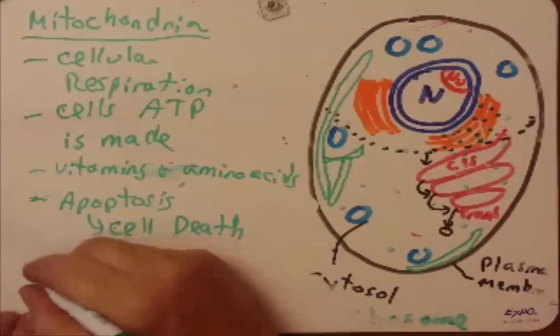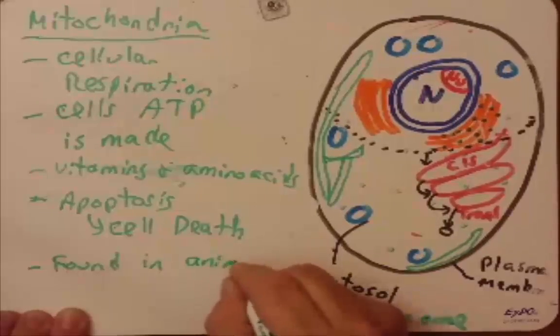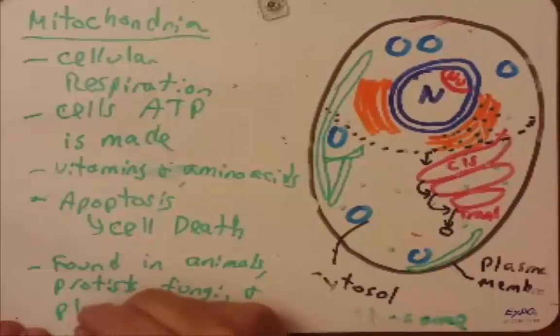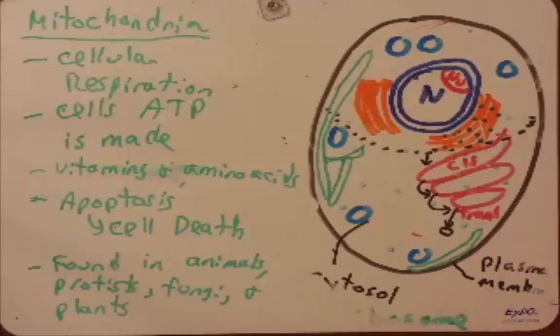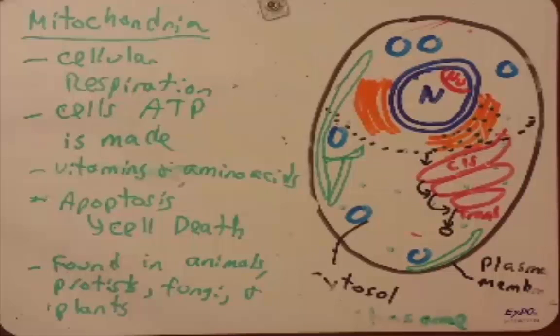They are found in animals, protists, fungi, and plants. Now the reason I list this here, we could talk about all the organelles and make the same listing here, but one of these things that kind of gets set in some people's mind is that mitochondria are not in plants. Well, that's not true. Plants are full of mitochondria.